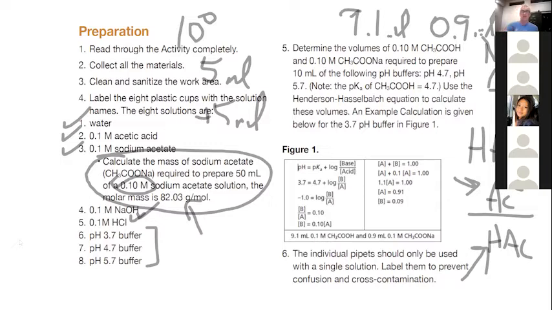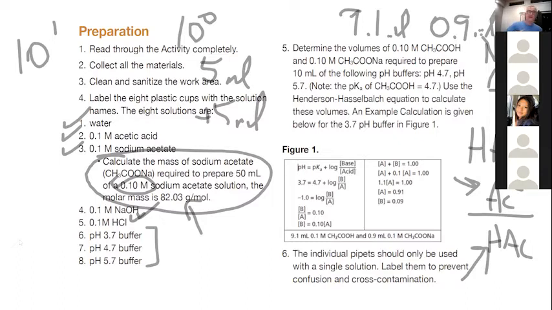Now, if it's 5.7, that means log of acetate over acetic acid needs to be +1. What's 10 to the 1? 10.